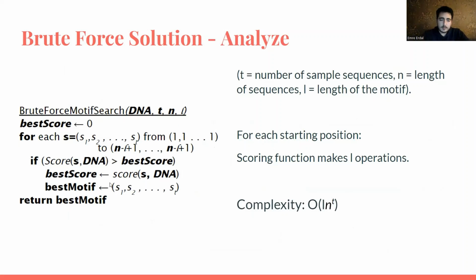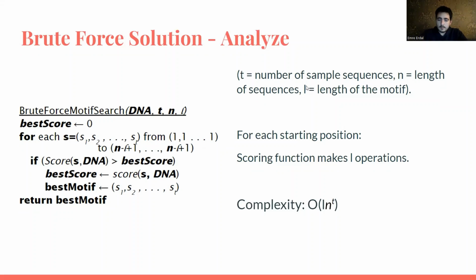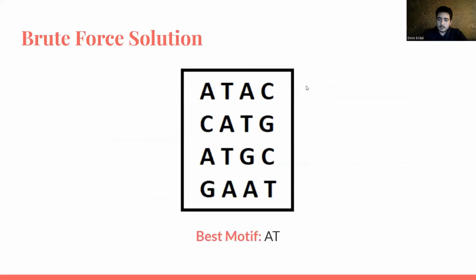In the left part, you can see the code, and in the right side you can see the complexity. For this complexity O(L·N·T), the T is the number of sample sequences. What is the number of sample sequences?